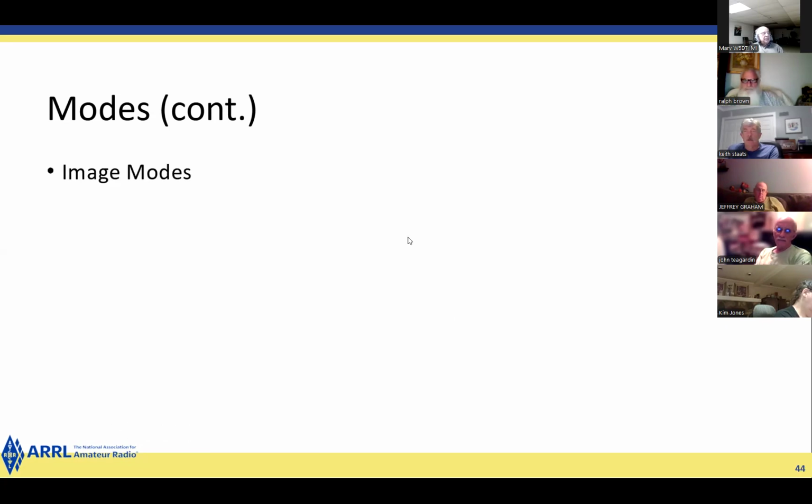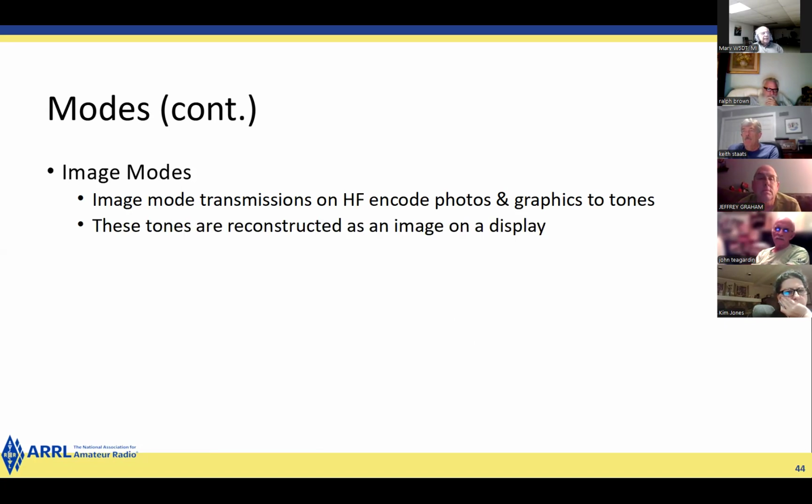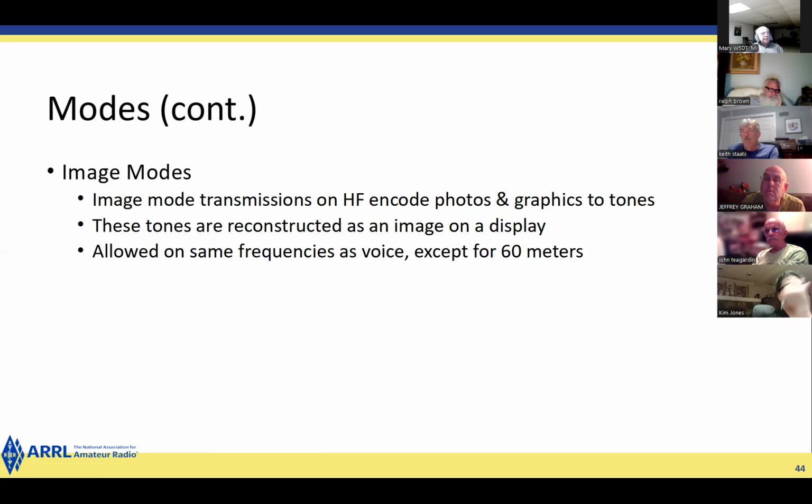Sorry, guys. Okay, we get into the image modes. You can send slow speed TV and photos and graphics, and you're sending a tone and it's reconstructed as an image on a display, and it's allowed on the same frequencies as voice.